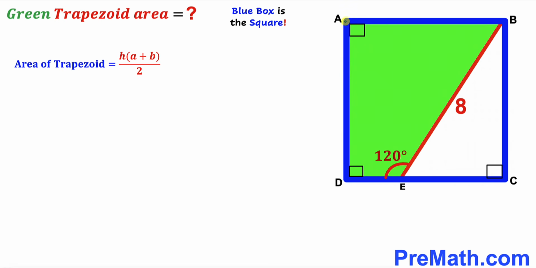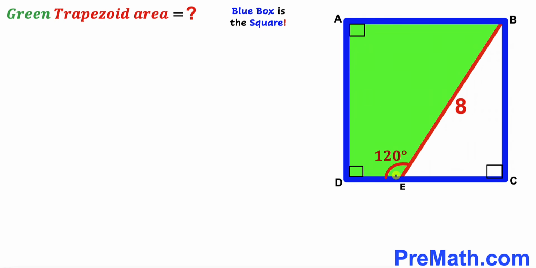In our case, this side of the blue square is our base a, this tiny segment DE is our base b, and AD is the height h of the trapezoid. So our task is to find the values of a, b, and h before we can calculate the area.